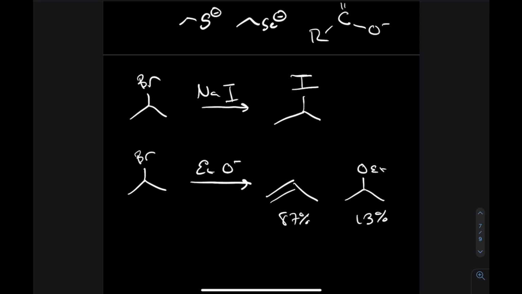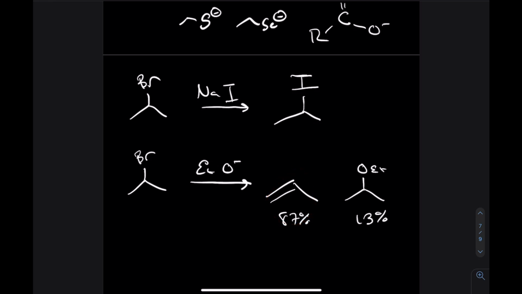So again, the secondary positions tend to be more ambiguous, right, as to whether or not they undergo SN1 or SN2 or E1 or E2 reactions. But your primary outcomes are going to be, in this case, if you have a good nucleophile, bad base, substitution. Great base, okay nucleophile, you're going to end up primarily with elimination.